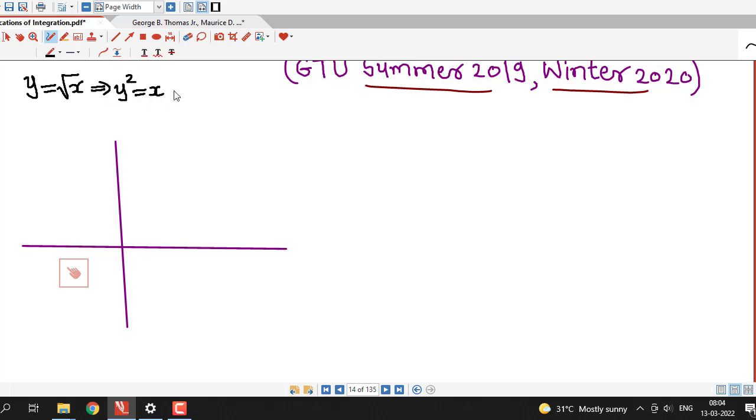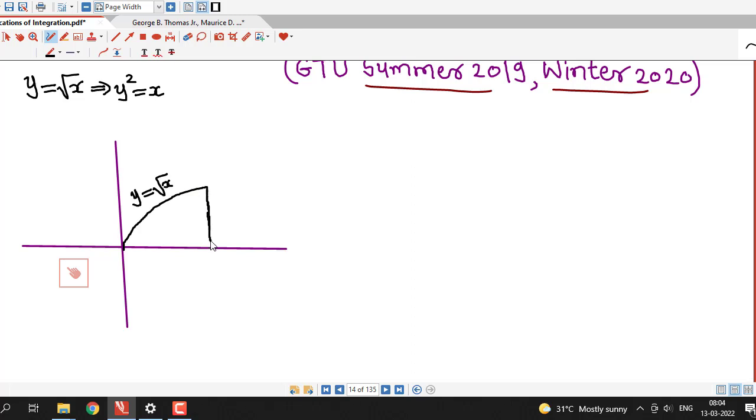So here I have y square equal to x, and I know the shape of y square equal to x. It will look like this. It is a parabola. Let me sketch properly. This is y equal to square root of x.